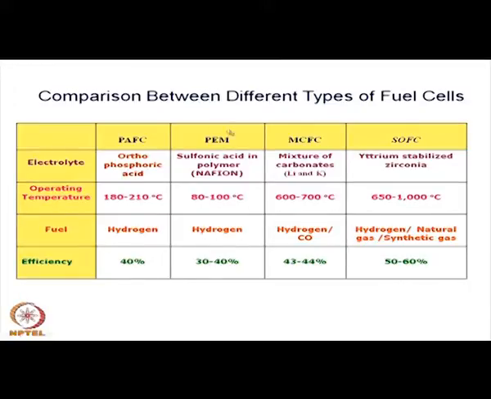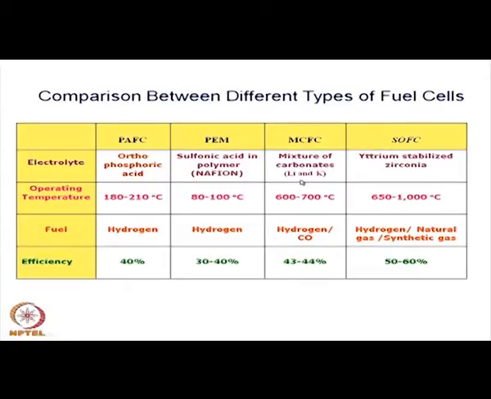This is one of the limitations, that you need very pure hydrogen to operate, because there are some catalysts and those catalysts are getting poisoned by the presence of carbon monoxide. Whereas, the high temperature MCFC, molten carbonate fuel cell, can operate with both hydrogen and carbon monoxide. So, there is no problem so far as carbon monoxide is concerned.